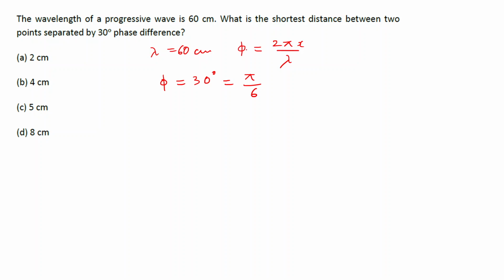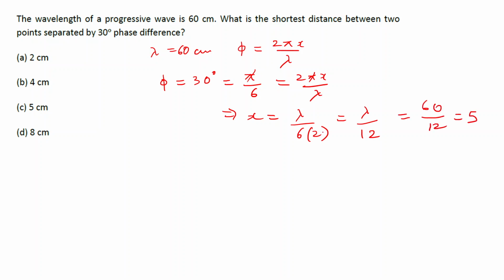From phi equals 2 pi x by lambda, x is lambda by 12, and since the wavelength is 60, the distance between these two points will be 5 centimeter. This is the correct answer, 5 centimeter.